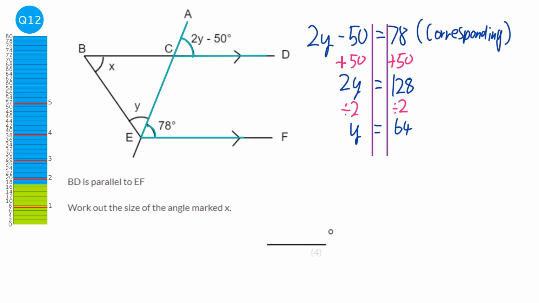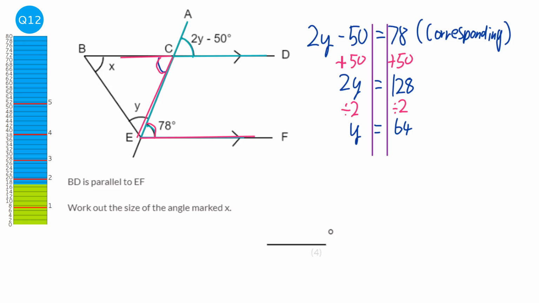Well, there's a few different things we can do. We could work out the fact that these two here are vertically opposite. That would be absolutely fine. But actually, if we look at this part here and this part here, these are also two parallel lines, and we've got this angle here and this angle are going to be alternate.